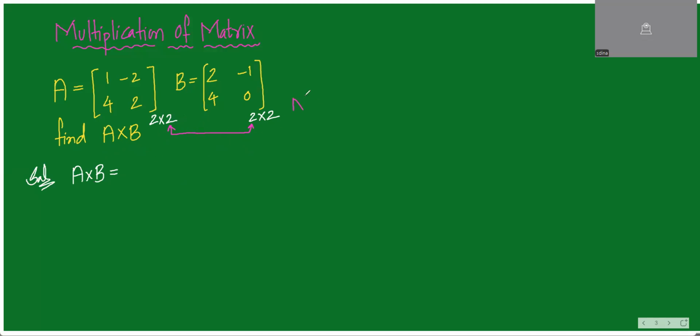The condition is the number of columns in the first matrix, that is A, should be equal to the number of rows in B. अगर ये condition satisfy हो रहा, then only we can multiply. Otherwise, there is no need to multiply.